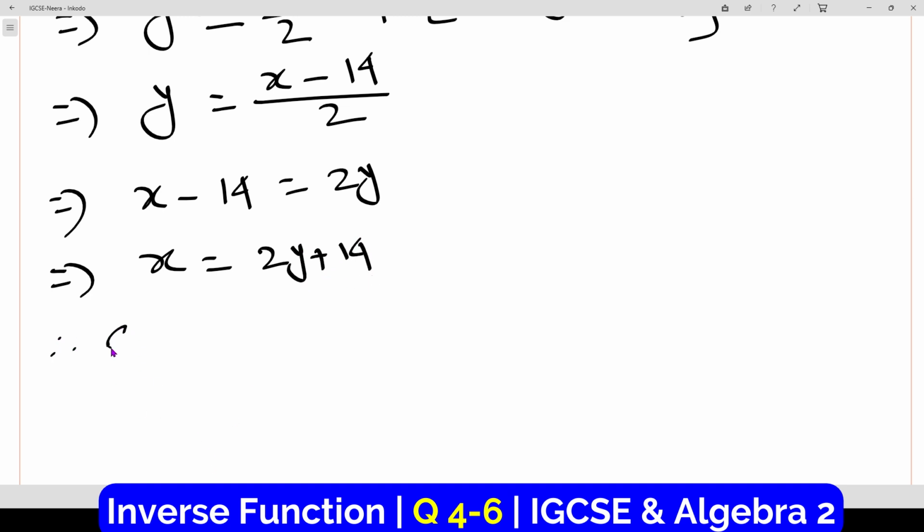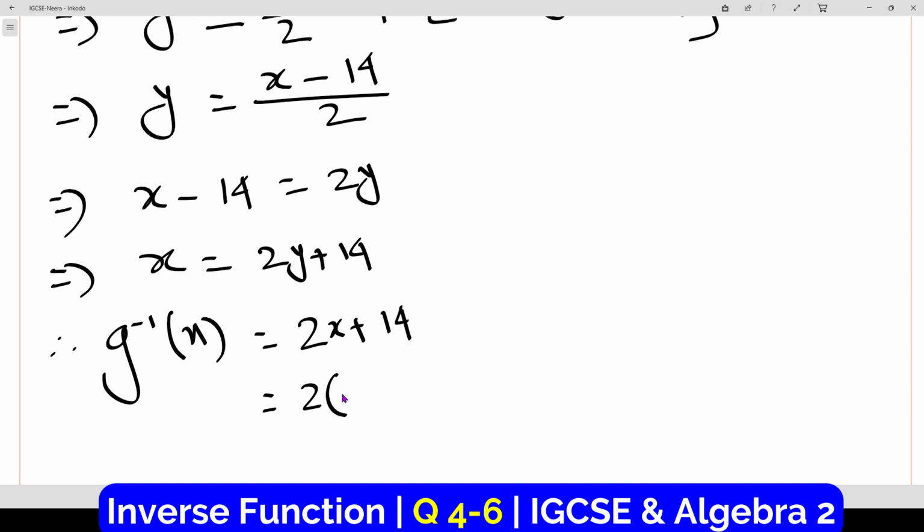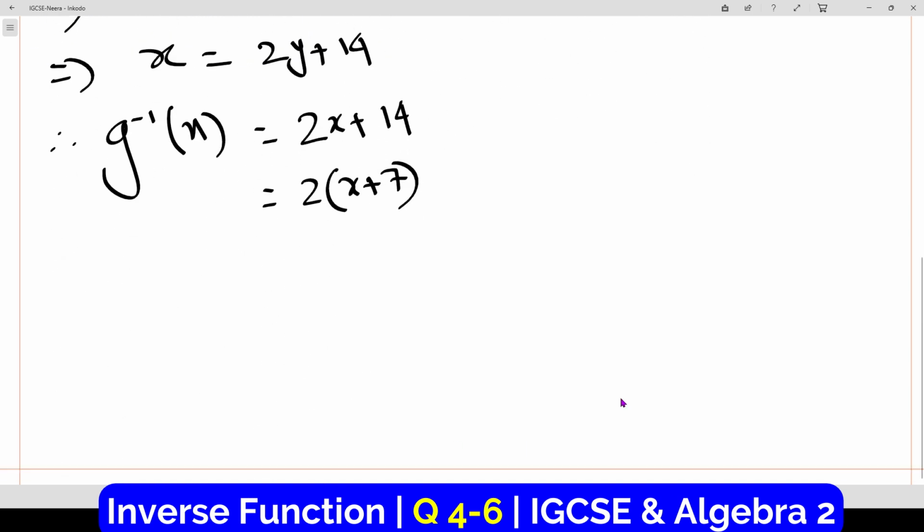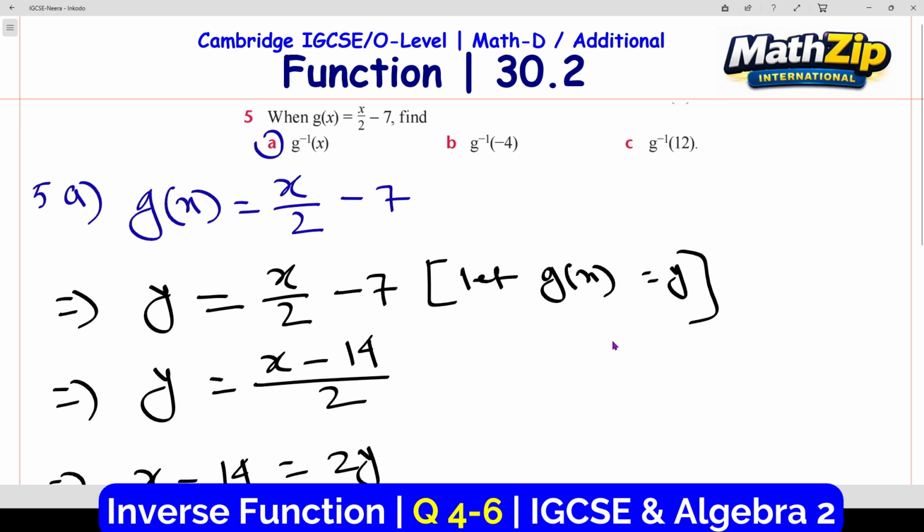So now we can write inverse g of x equals 2x plus 14, right? From here, if you want, you can take 2 common, so here is 2 times (x plus 7). So that's one part, number A.